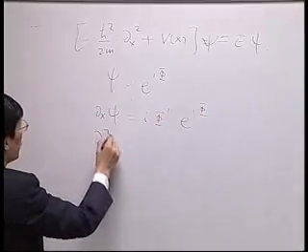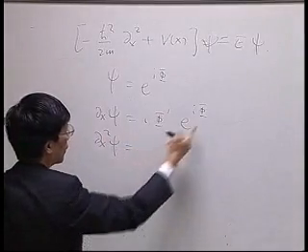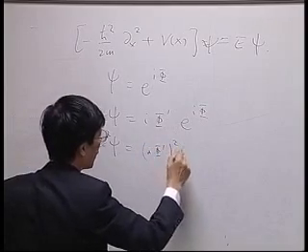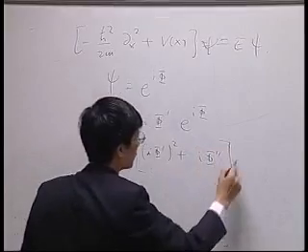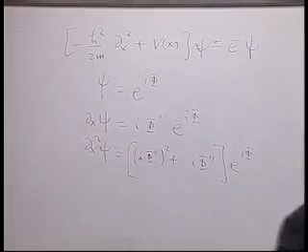If I do two derivatives, I differentiate this again, so I get i phi prime squared. The other term is i phi double prime. Is that all right?